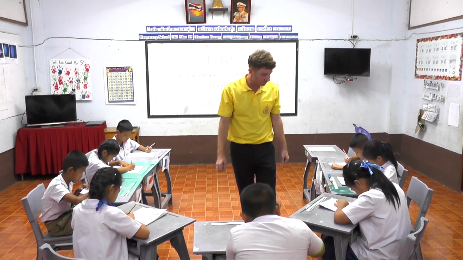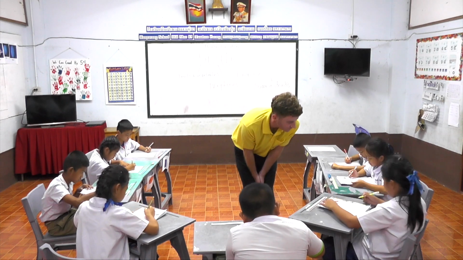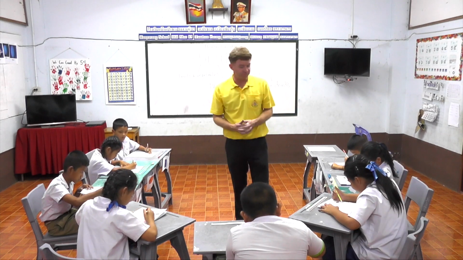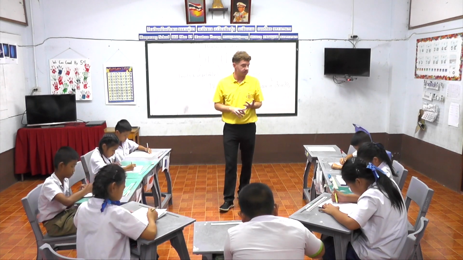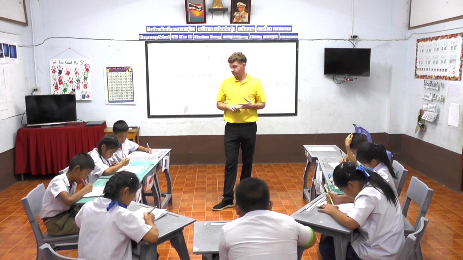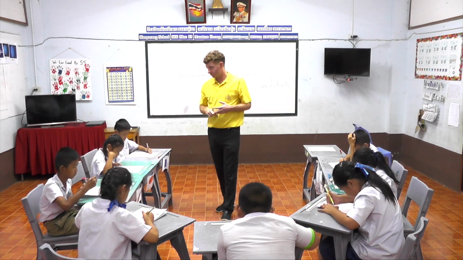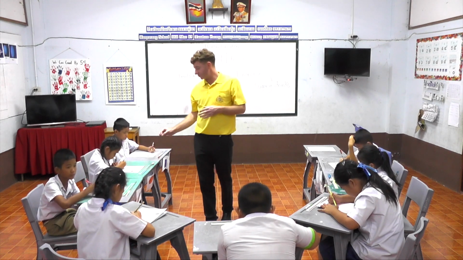I think Lakau's found one. Lakau, what did you find? Fats. Okay. Fats is a type of food we can eat, like butter, cheese, margarine. Pak Bung, what word did you find?